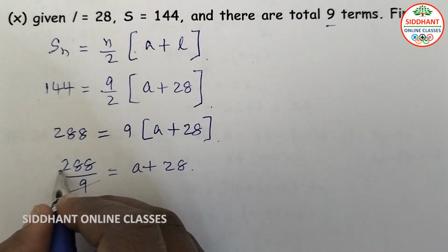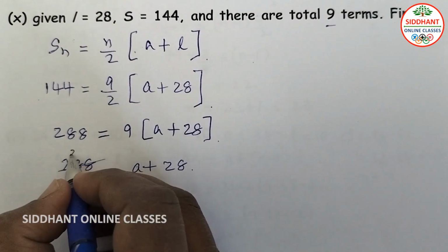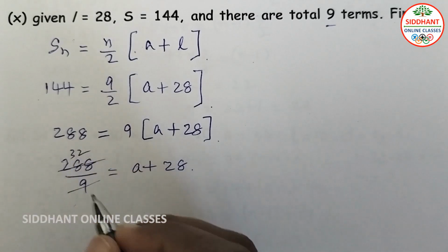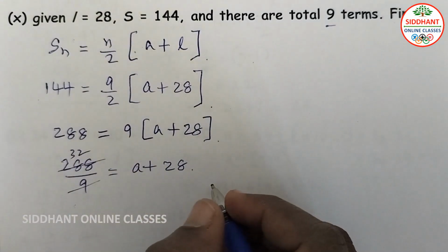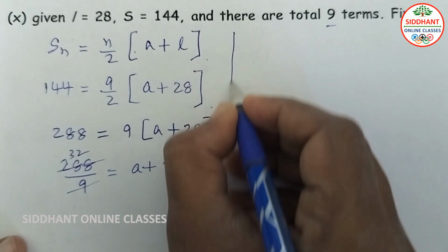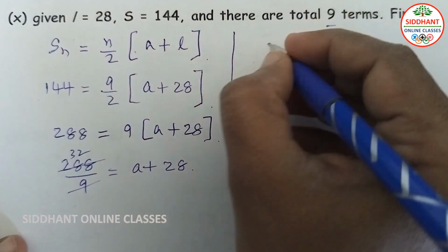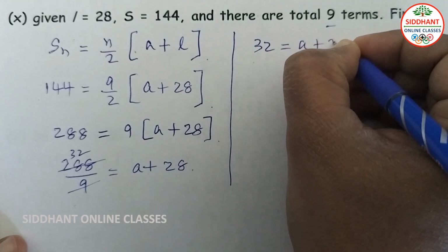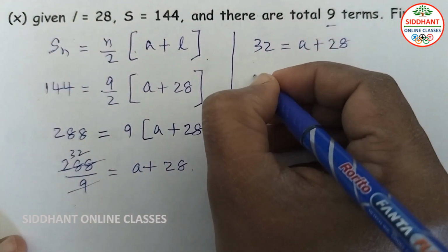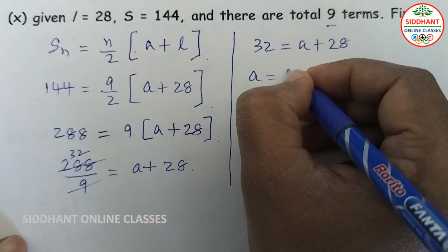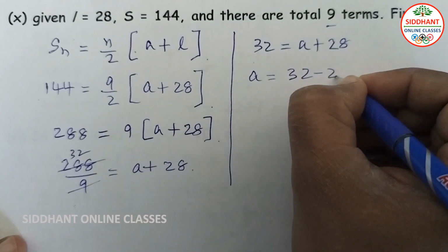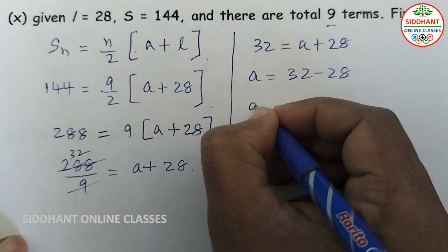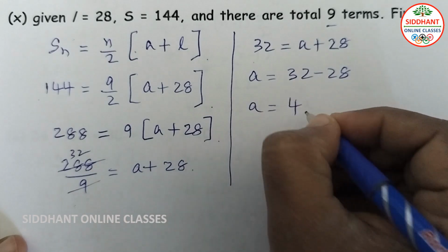Here 9 threes are 27, 9 twos are 18, so 32. 32 equal to a plus 28. So a equal to 32 minus 28. So a equal to 4.